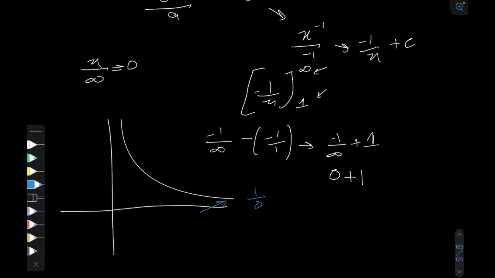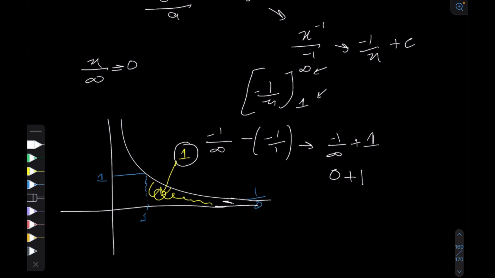However, it's getting closer and closer. So we took the value 1, which would be something over here. When we found this area, it turned out to be 1, which makes sense a bit because here the area will keep on getting smaller and smaller and it will approach some value. That some value turned out to be 1. As your x is increasing, this is getting very, very small.